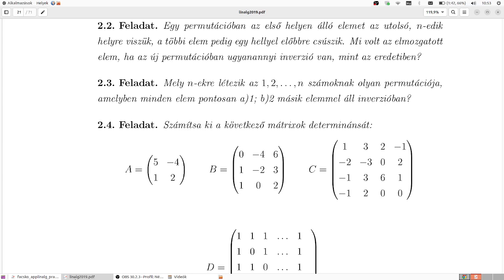This is quite simple. That's 0 plus 12 plus minus 1 minus 3 plus 3 and 6, that's 18.